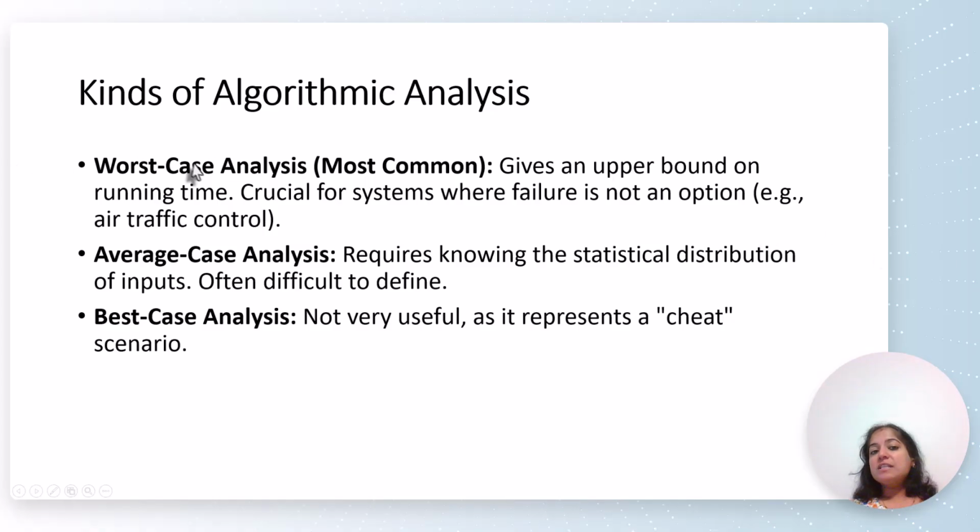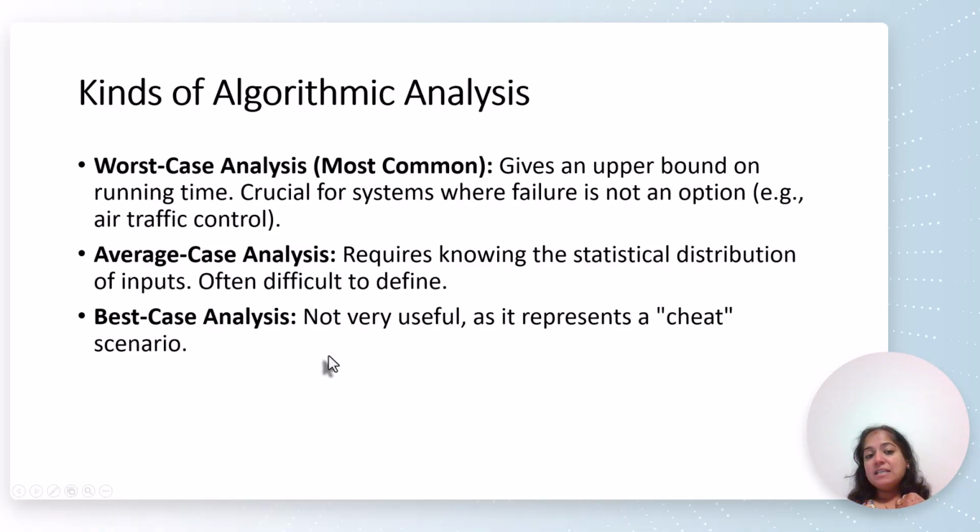The worst case analysis gives you an upper bound on running time, that is, what maximum time it will take for execution. Generally we deal in terms of worst case, right? It gives you an upper bound on the running time, which is crucial for systems where failure is not an option. Average case requires knowledge of the statistical distribution of inputs, often difficult to define.